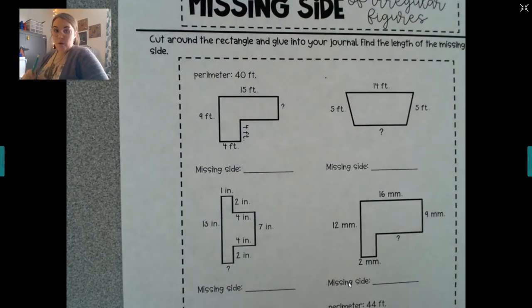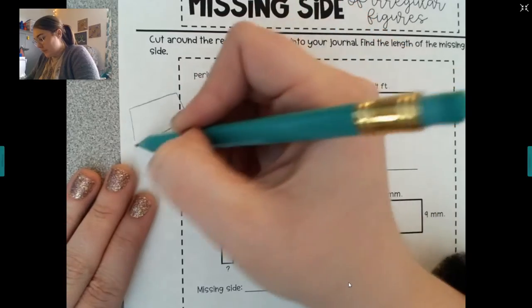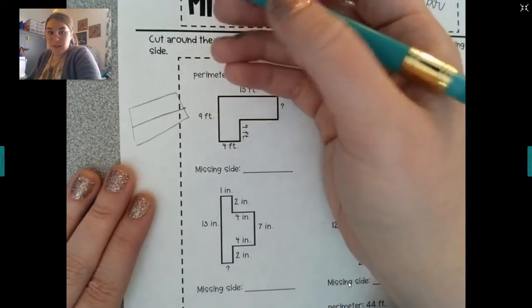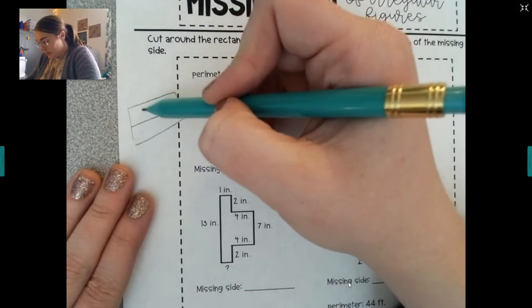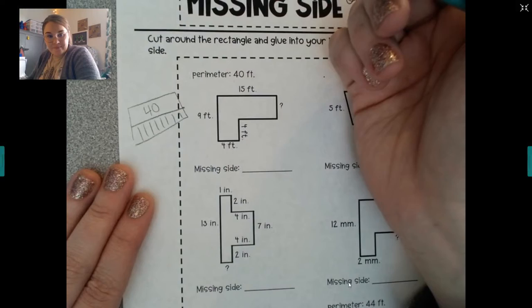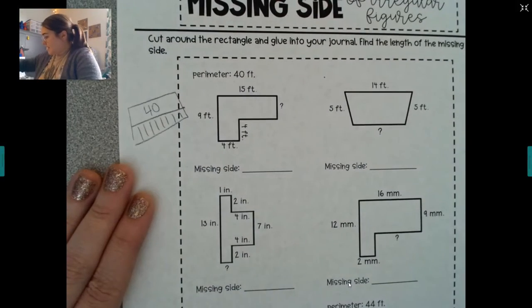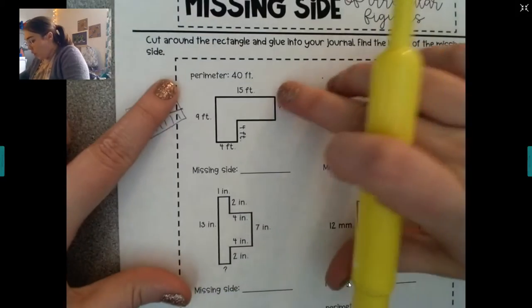Okay, now it's going to seem hard at first, but I want you to think of it as the part-whole strategy that I've taught you. You know how on a strip diagram, and we've been doing these a lot this past couple of days, you're given the whole right here, like the perimeter, and there's all these little sides, right? Well, in this case, we need to look and see the whole on this side.